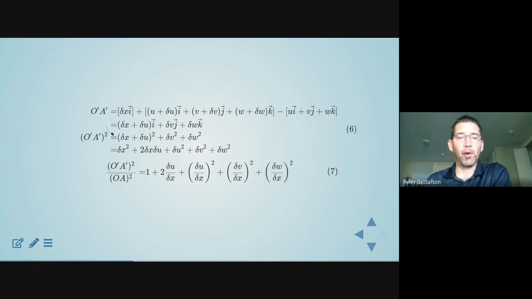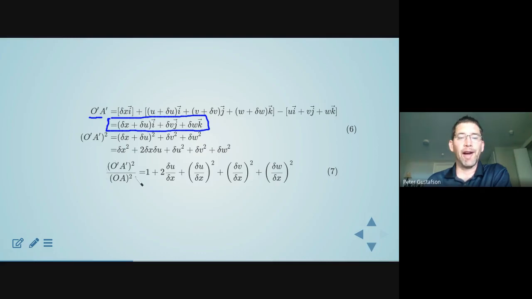And so O prime A prime is now simply going to be equal to this expression here. It's the original length dx plus these small terms, du in the i direction, plus dv in the j direction, plus dw in the k direction. So that's O prime A prime. We can then square that. Okay, so dx plus du squared plus dv squared plus dw squared gives us this expression: dx squared plus 2 dx du plus du squared plus dv squared plus dw squared.